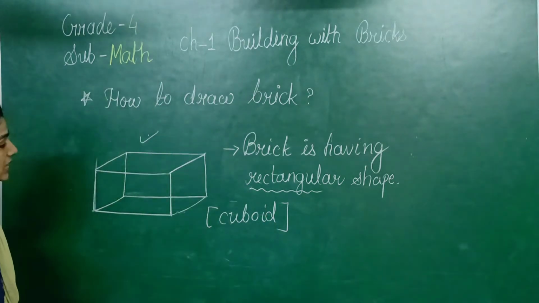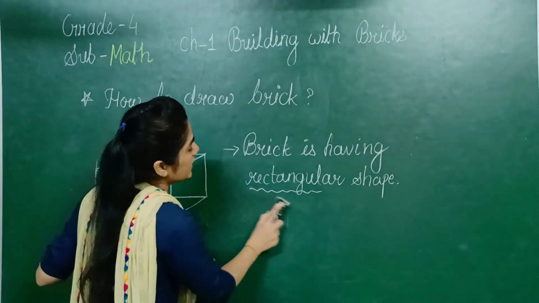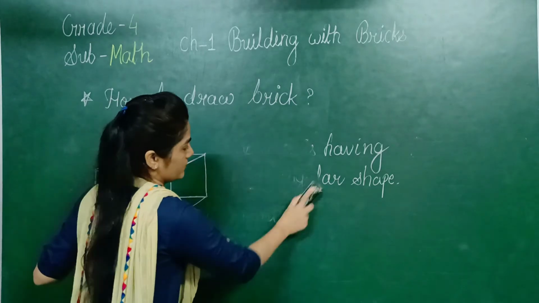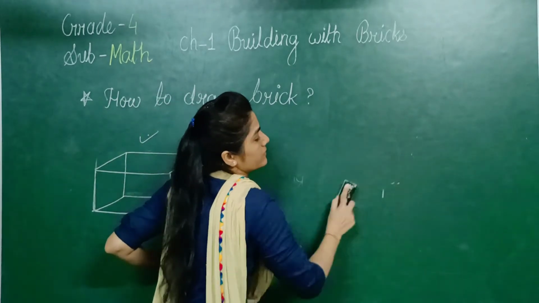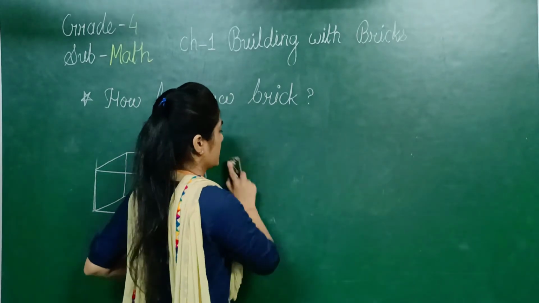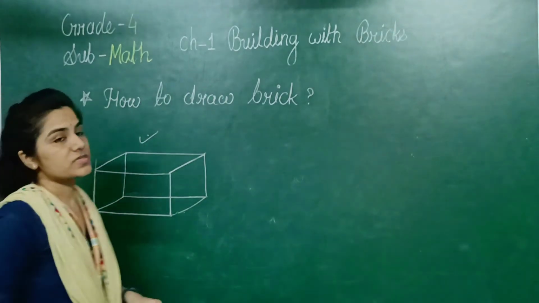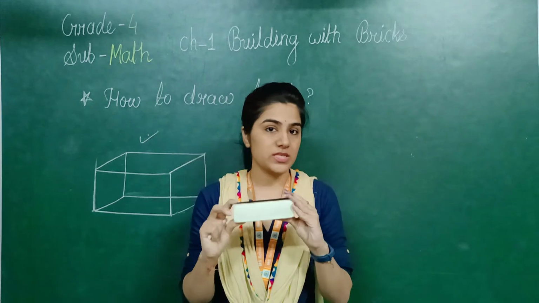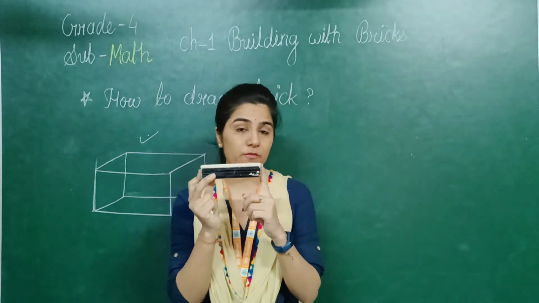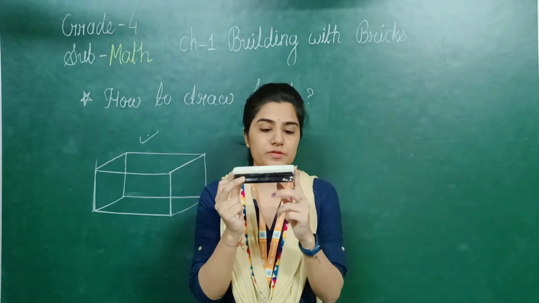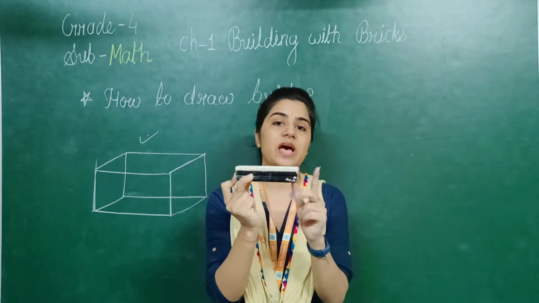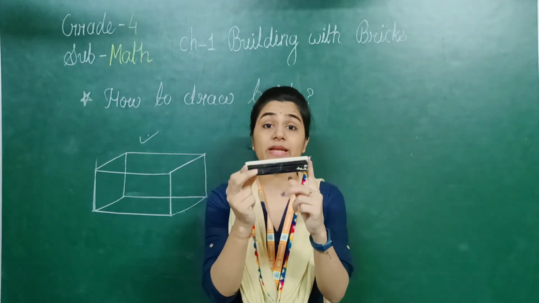Now, how many sides can we find in this brick? I am giving you a practical example. Suppose I have this duster right now, and what is the shape of this duster? It's easily visible that this duster has the same rectangular shape, right?